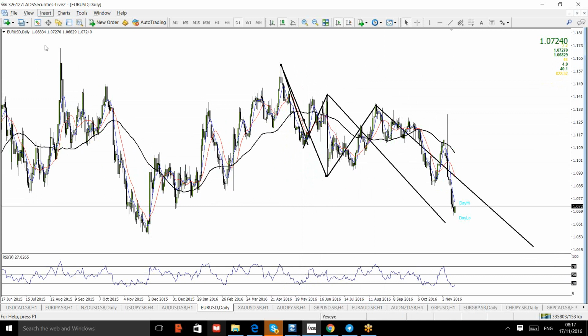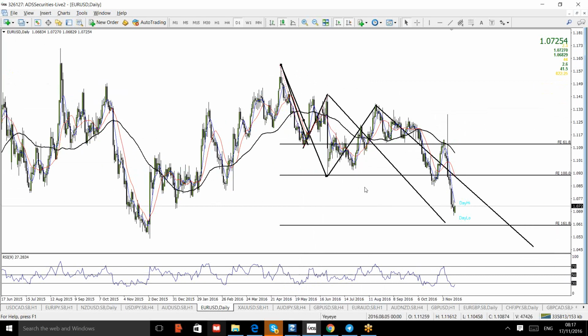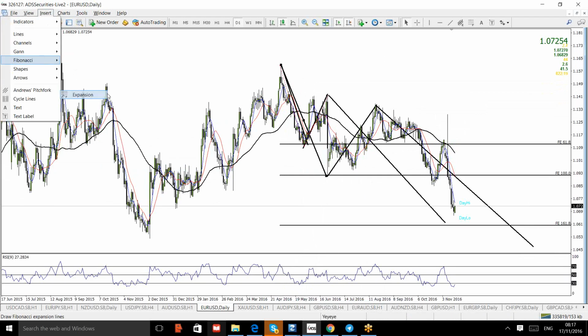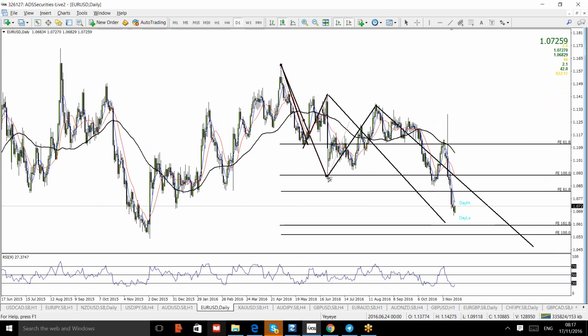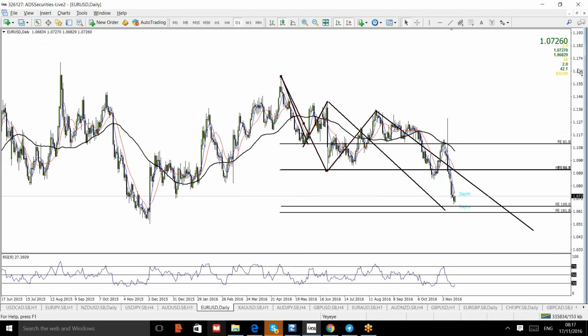So I had it like this. That was the first. Agreed? And then I found another leg. Take out the expansion levels. You can keep both of them on your charts, guys.